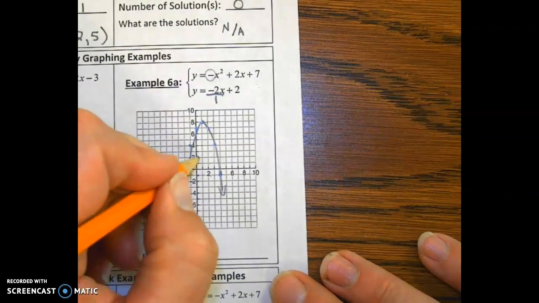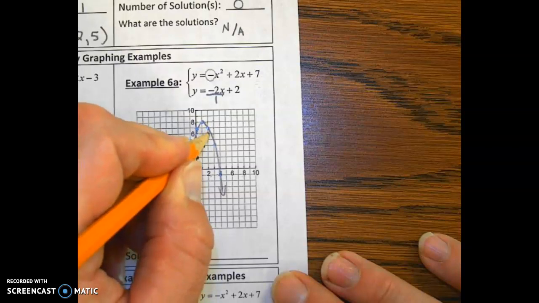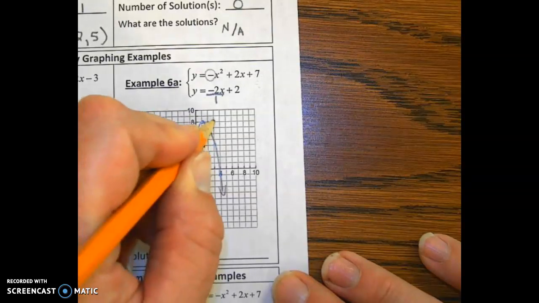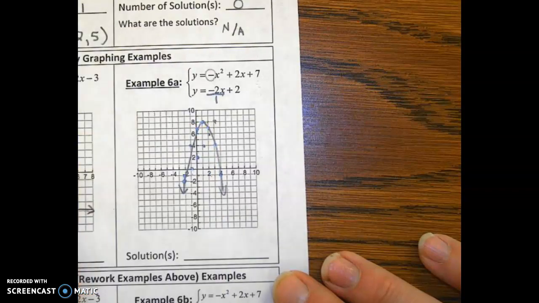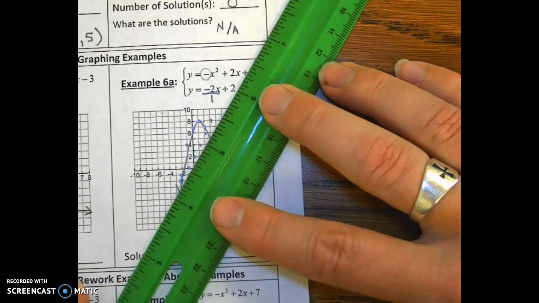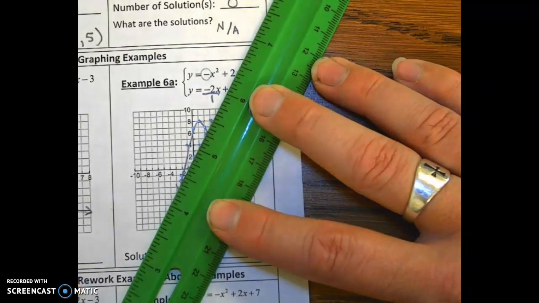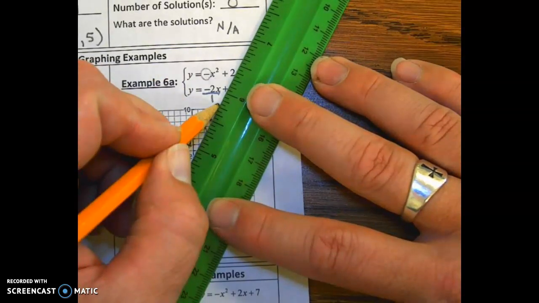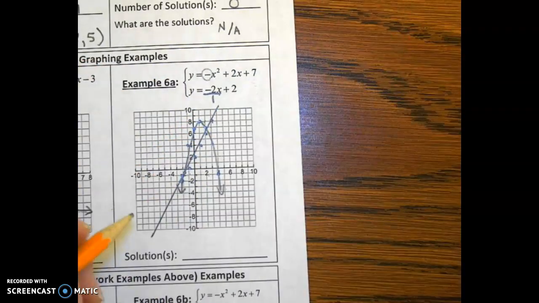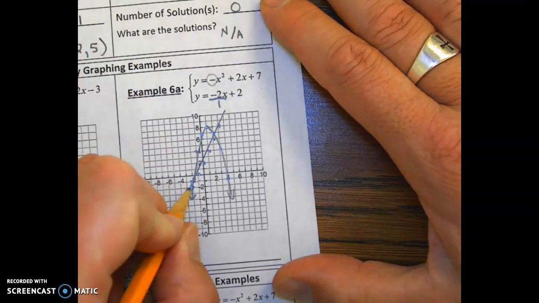Yes, I did. And then rise 2, run 1. Missed my dots. Can't undo that one. Oh well. You get the idea.